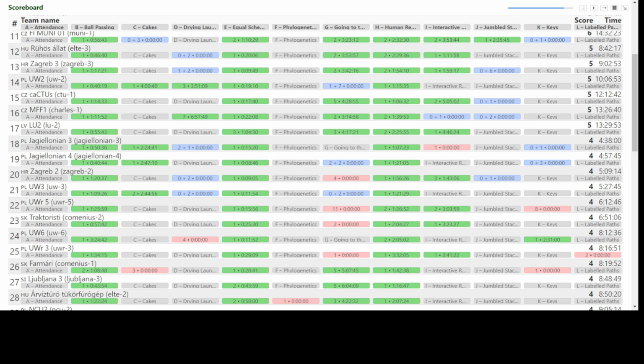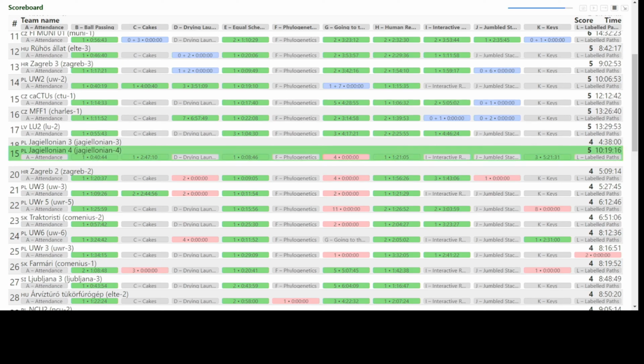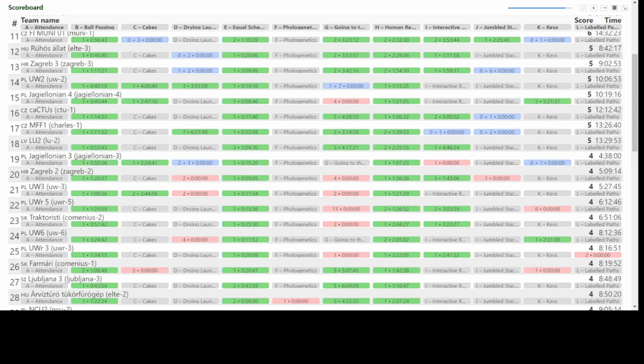We have 2 attempts at drying laundry. 2 attempts at G, going to the moon. Also no. Zagreb 2, 2 attempts at drying laundry. 1 attempt at jumbled stacks, which was also incorrect. 2 attempts at going to the moon from Jagiellonian 4. And 3 at keys. Correct.